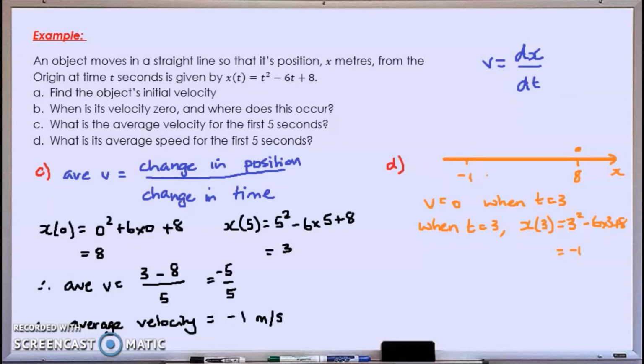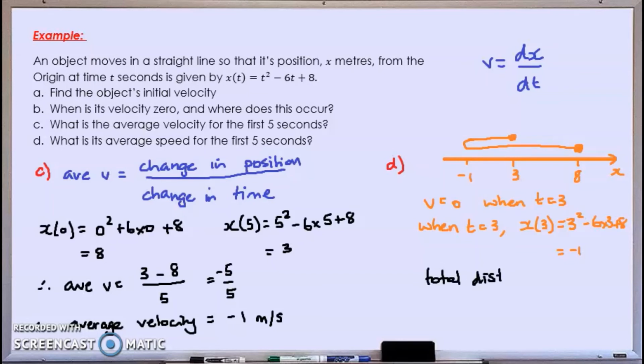So here. So what we can work out is that the object started at a position of 8 and it moved this way, and then here it turned around. And we note that after 5 seconds, the object was at position 3, which means it moved around and it finished here. So that means the total distance this object travelled is from 8 to -1 and back to 3. And we need to keep that in mind for this question.